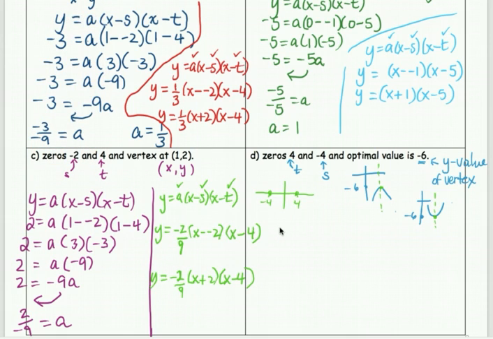To find the x value of the vertex, we're going to take the intercepts, add them together, and divide by 2, because that's how we find halfway or the midpoint. So that adds to 0, and then 0 divided by 2 is 0. Okay, so the axis of symmetry is at x equals 0, but that is also the x value of the vertex.